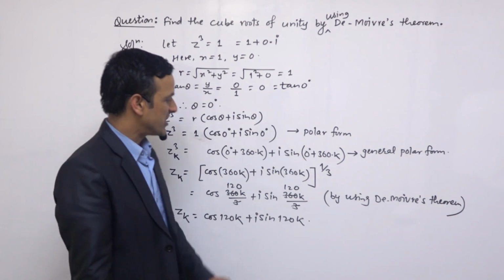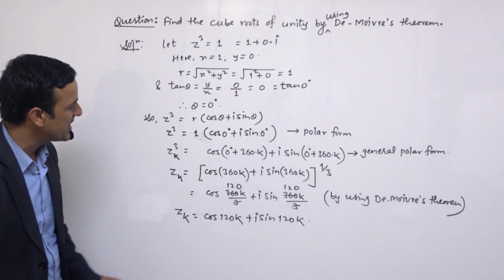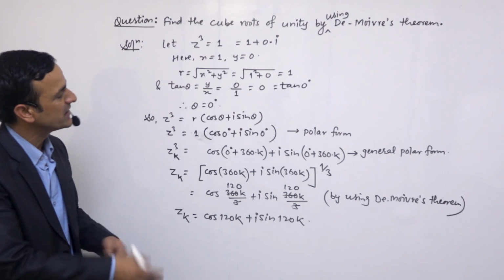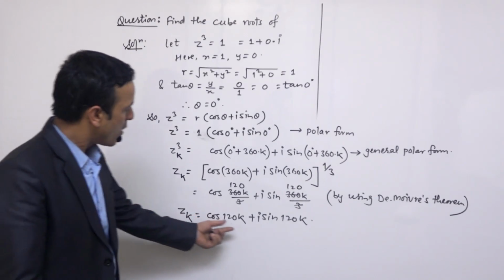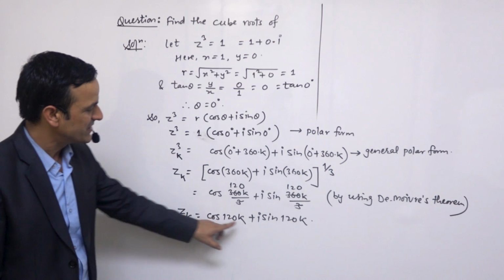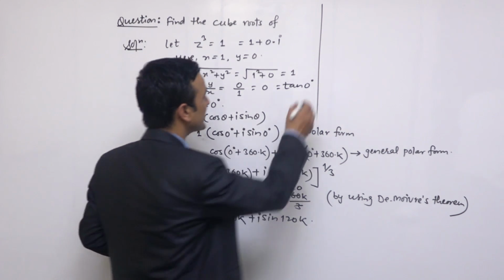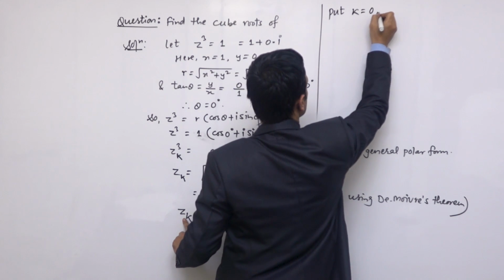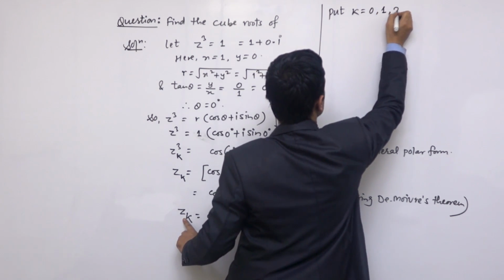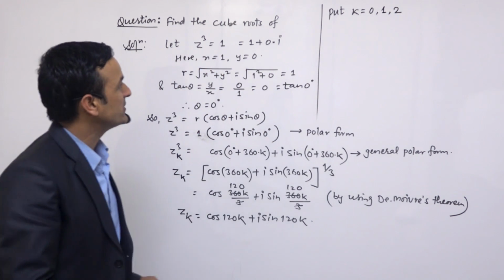So in this step we can put different values of k and find the solution of this question. So now we can put the value of k in this statement. So put k is equal to 0, 1 and 2 only. We have to find the cube root.